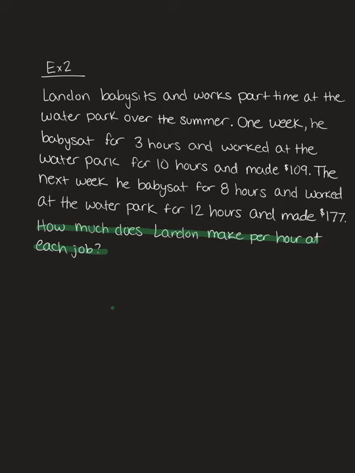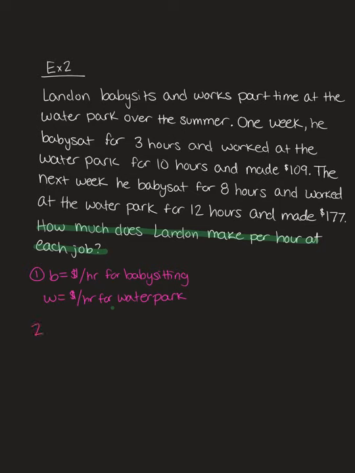That is going to be your variables. We can say B is the amount per hour for babysitting, and W is the amount per hour for working at the water park.